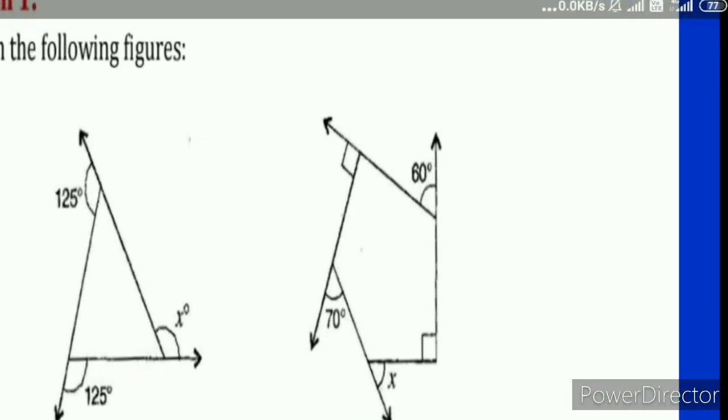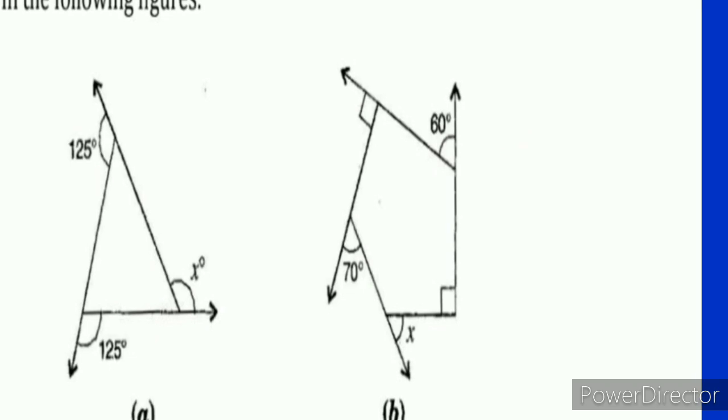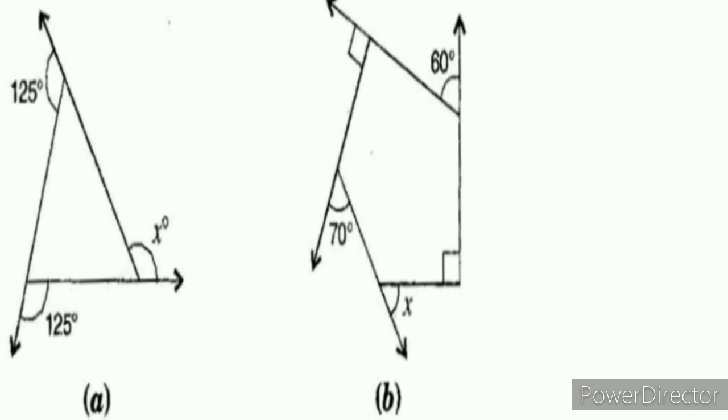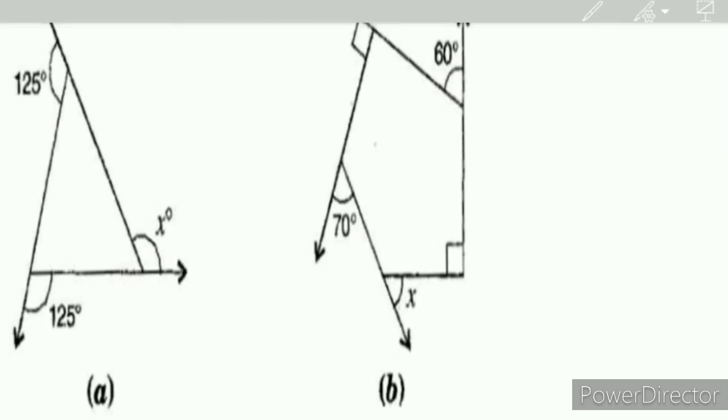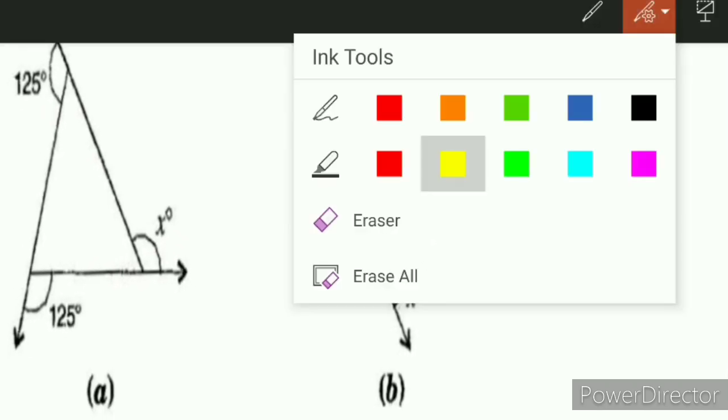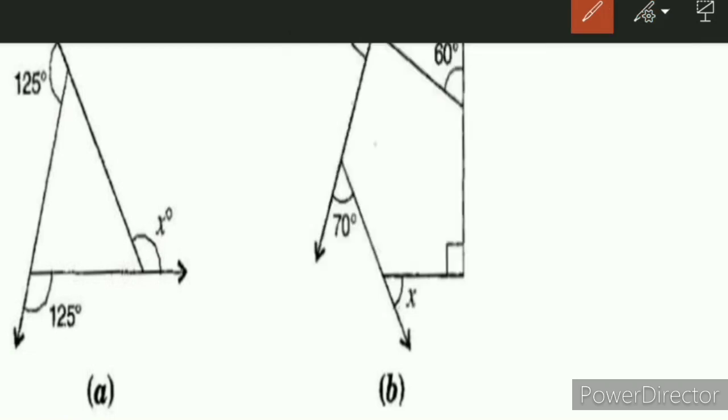Look at the second figure. It is a pentagon. What angle measures are given here? 90 degrees, 60 degrees, 70 degrees and x degrees. But only one interior angle is given.